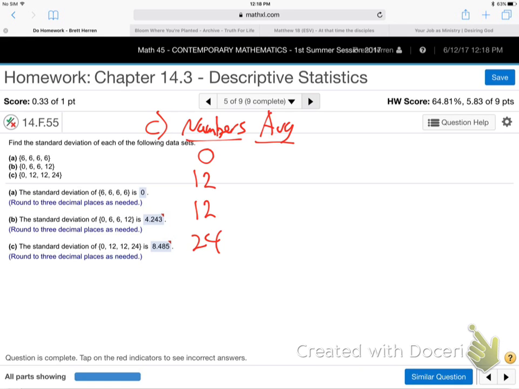Stat. Oh, you see a stat button? There's got to be one. Buttons. Stat. There it is, it's hiding. Hit 3, 1 variable. I'll explain if it all works out. Let's say 0, 6, 6, 12.